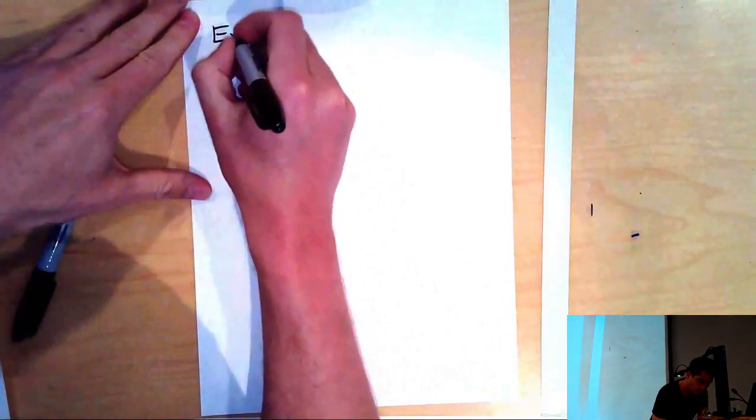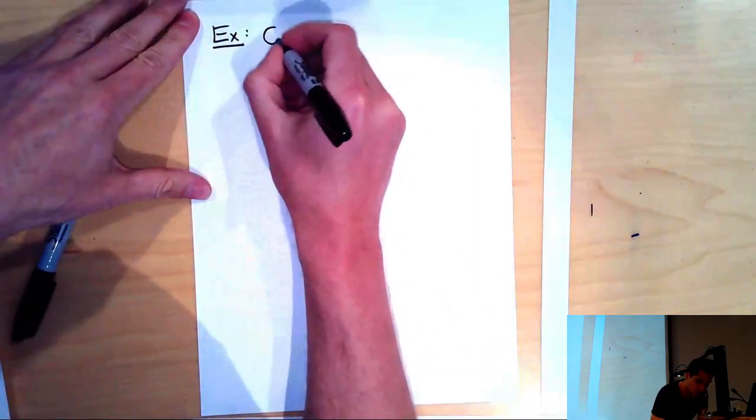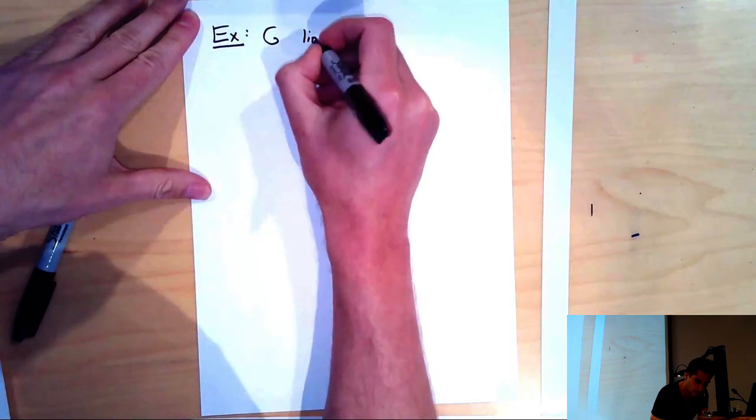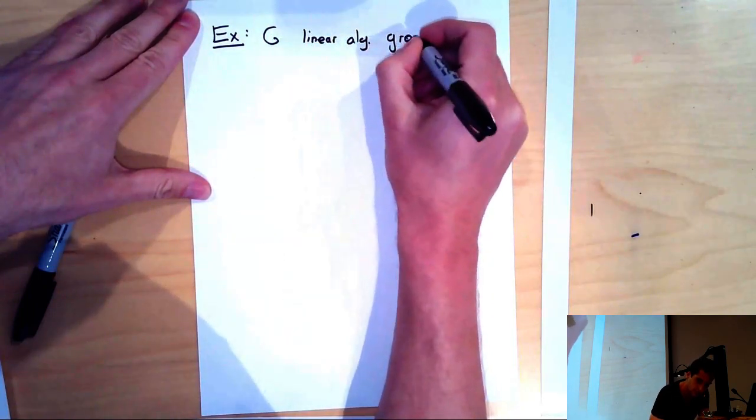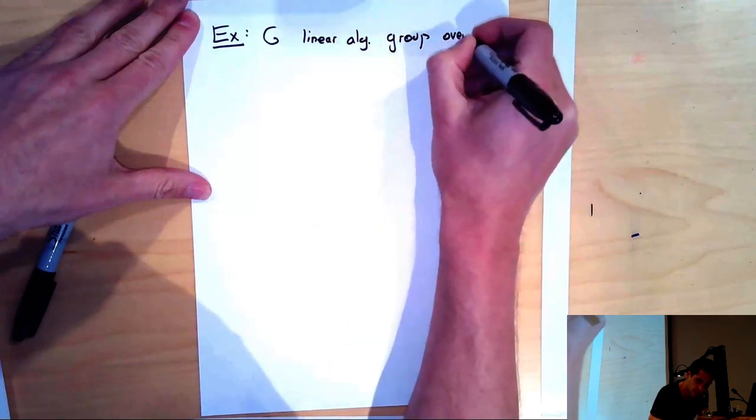So an example is that we could take G to be a linear algebraic group over the field FQ.